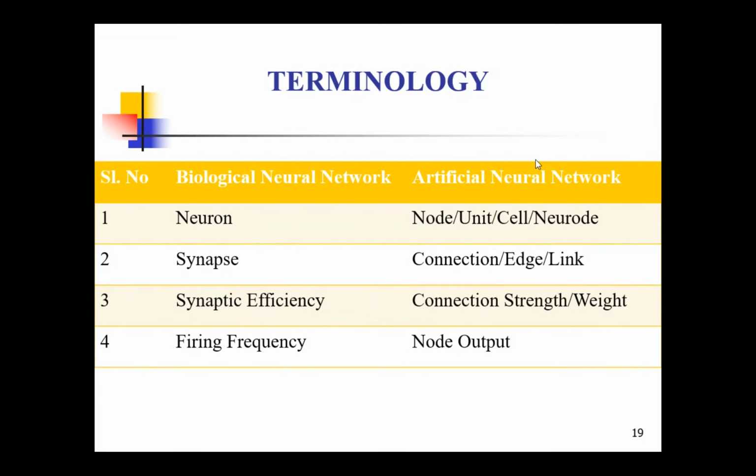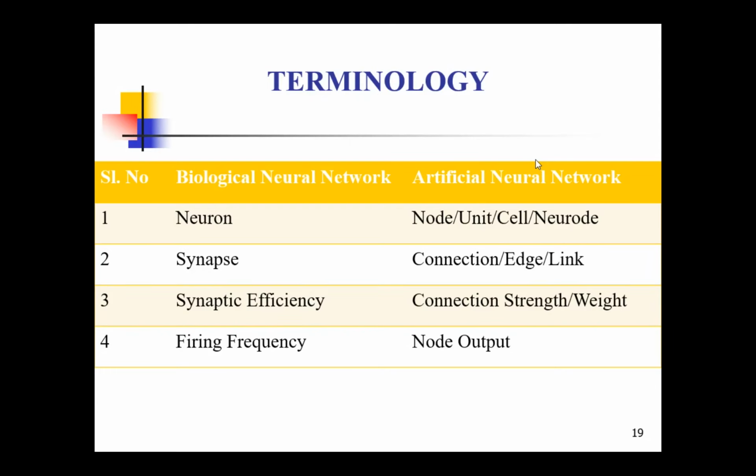What are the various terminologies that we use between the biological neural network and the artificial neural network? In the case of the neuron, we call it the node in the artificial neural network: input node, output node, or hidden nodes. Synapse is nothing but the connections that exist between the inputs and the hidden layers, or between the hidden layers and the outputs, how they are connected.